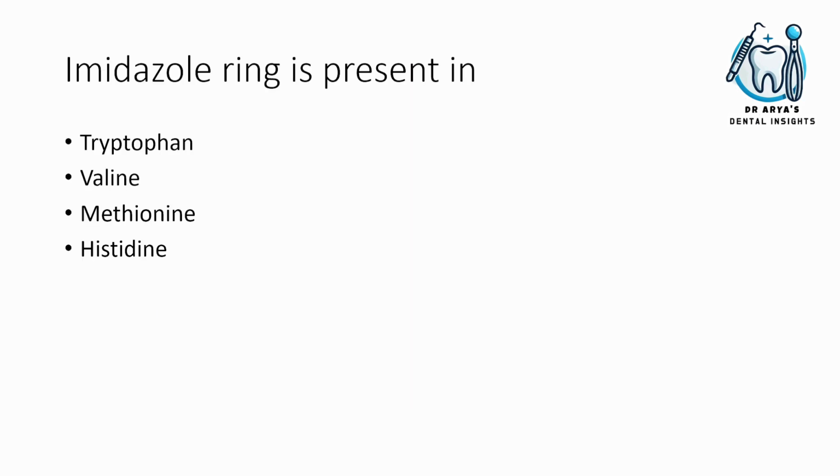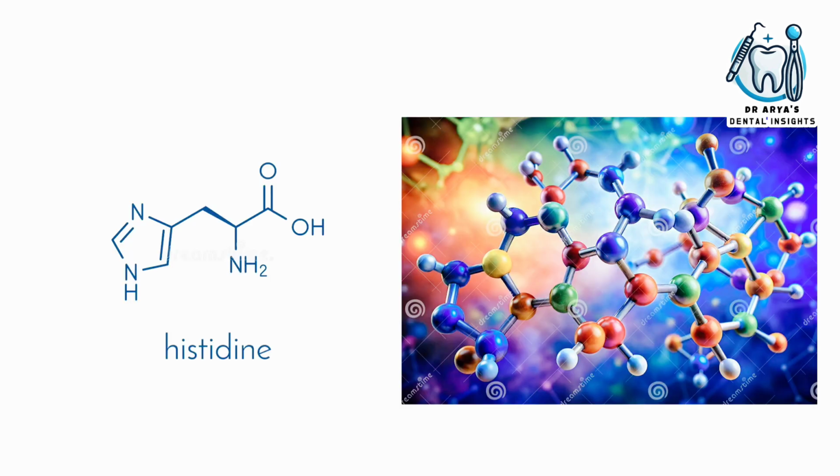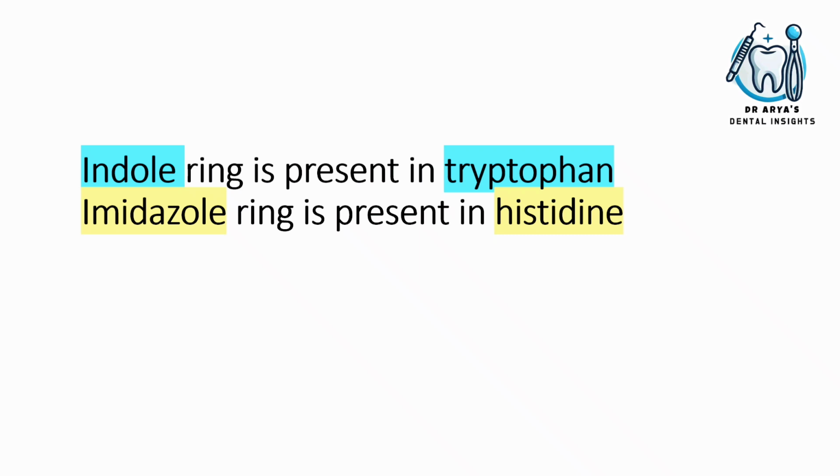So another related question is, what is imidazole ring and in which amino acid is this ring present? Is it tryptophan or valine or methionine or histidine? So this is the imidazole ring, and this is present in histidine. So indole ring is present in tryptophan and imidazole ring is present in histidine.